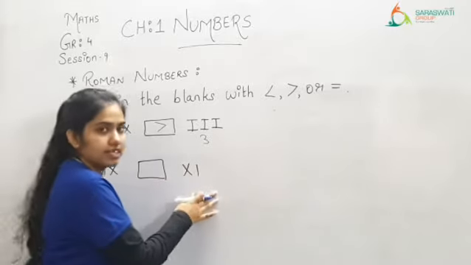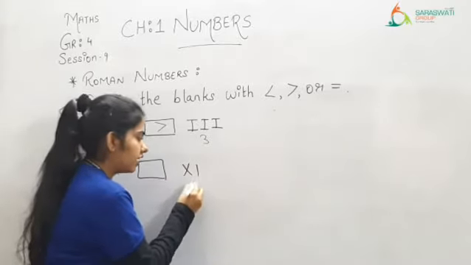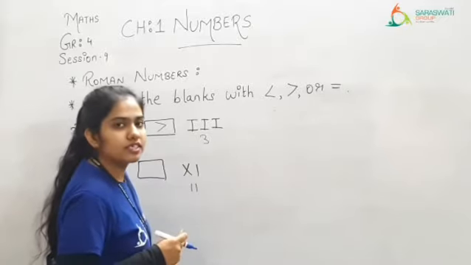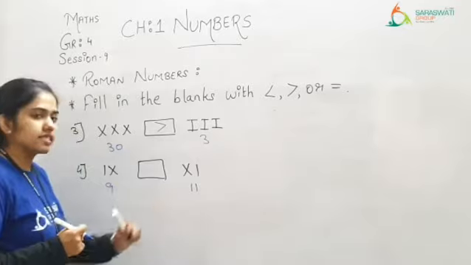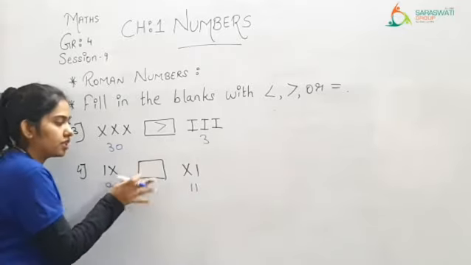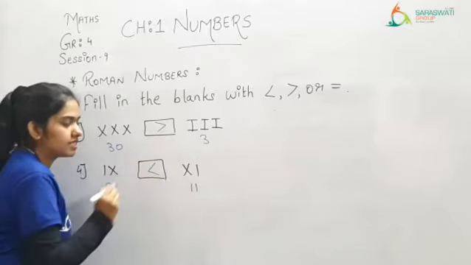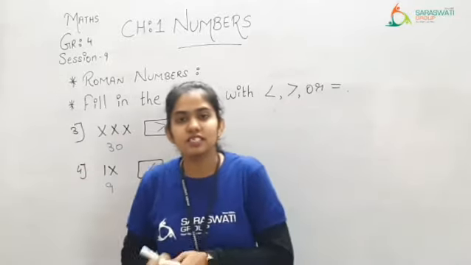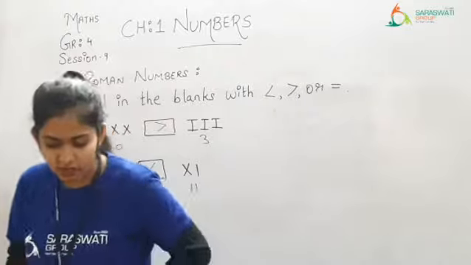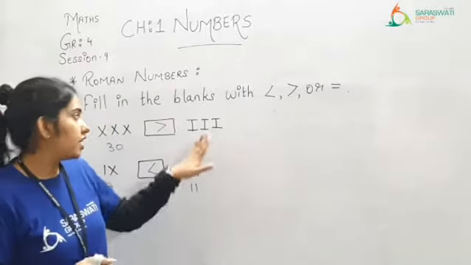And here on the right hand side, it is 10 plus 1, 11. So which value is greater? Yes, 11 is greater. So we'll open the mouth on this side, on the side of 11. Right, students? So in this way you have to solve the equations.